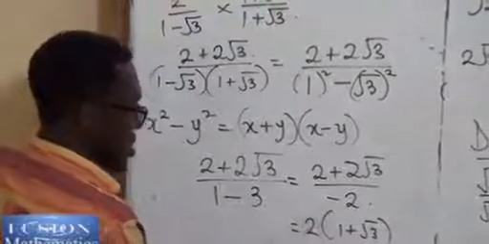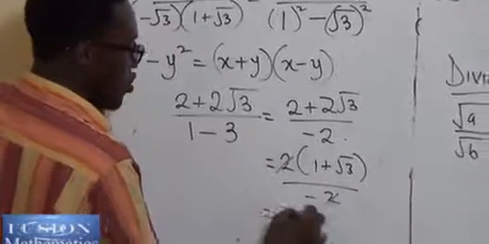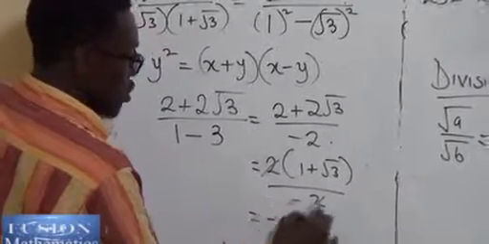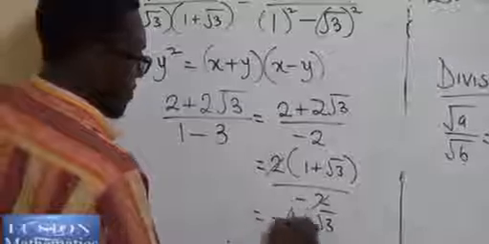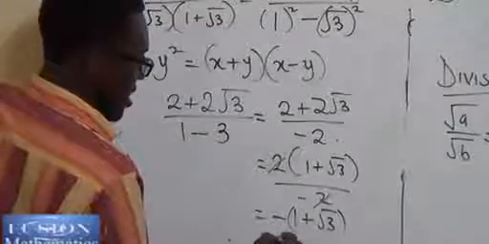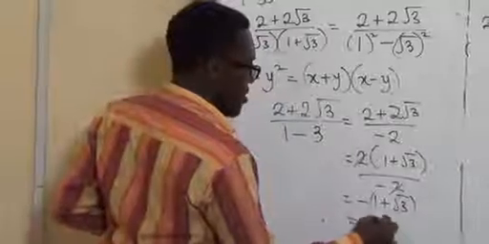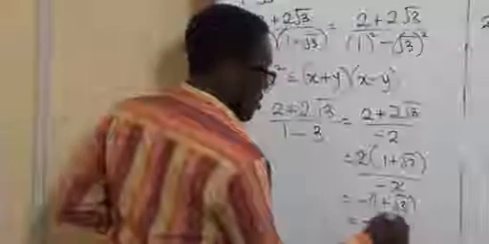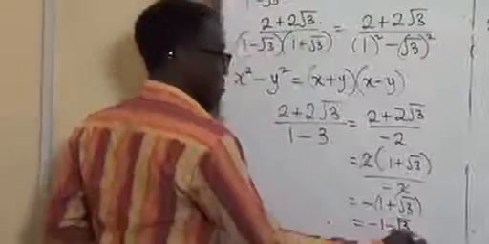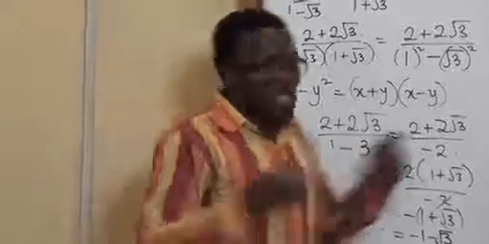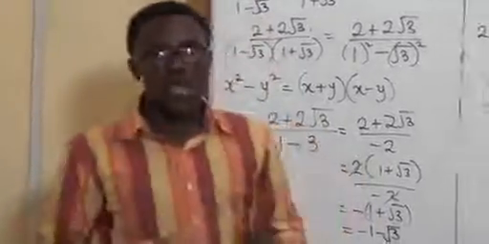This will cancel this out. So we have the minus coming up, minus (1 plus root 3), and we open the bracket. This will give us minus 1 minus root 3. So this is how we rationalize surds.